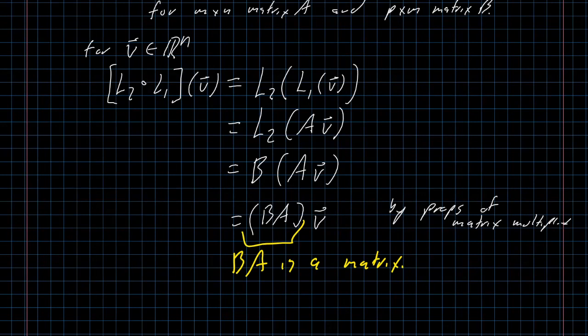And so this composition, L2 composed with L1, acting on V, is the same thing as multiplying the matrix BA times V.